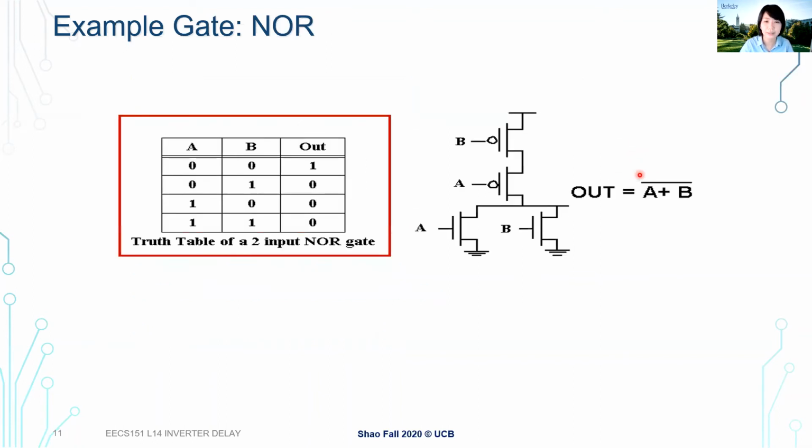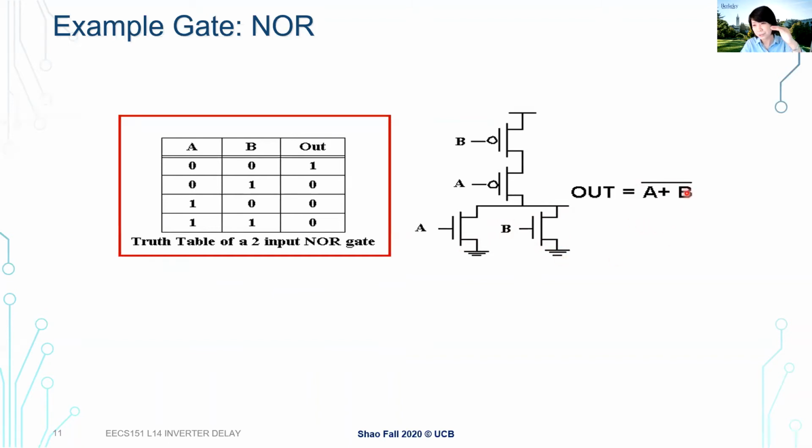This is a NOR gate, very similar. Whenever we design a CMOS gate, always look at the output function. The equation below the bar is what we need to design in the NMOS, because those pull to 0, right?